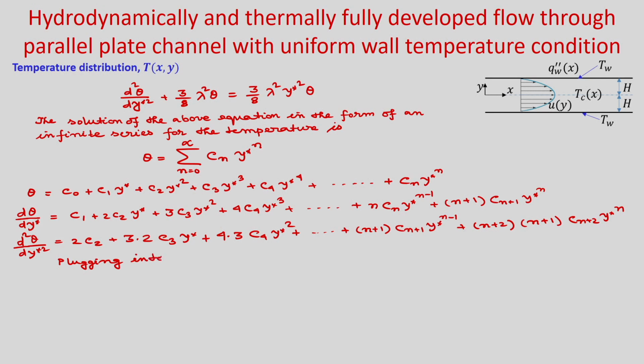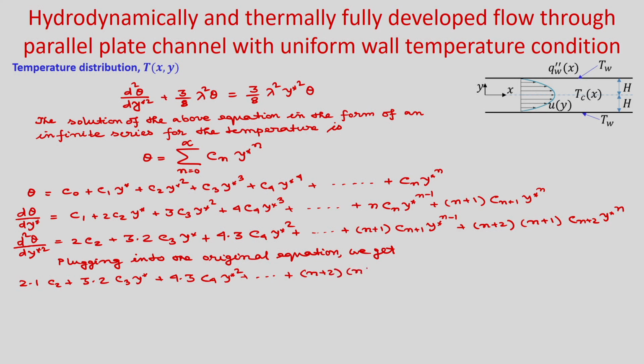Plugging into the original equation, we get d2 theta by dy star square, which is 2 into 1 C2 plus 3 into 2 C3 y star plus 4 into 3 C4 y star square plus so on, plus n plus 2 into n plus 1 C n plus 2 y star to the power n.